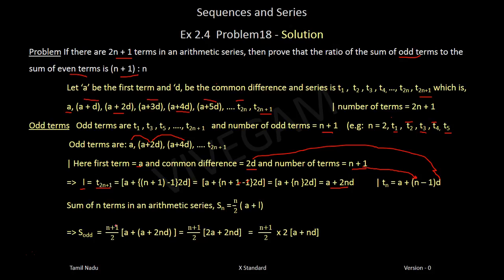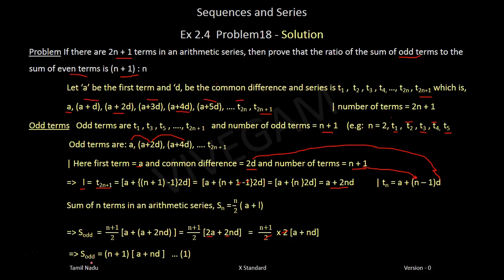Now you simplify this. So n plus 1 by 2, a, this bracket you can open, so it will become 2a plus 2nd. Now you can take 2 commonly out from these two. So it will become n plus 1 by 2, and you take this 2 commonly out, you will be left with a plus nd. This 2 and 2 will cancel. So you will get n plus 1 into a plus nd.